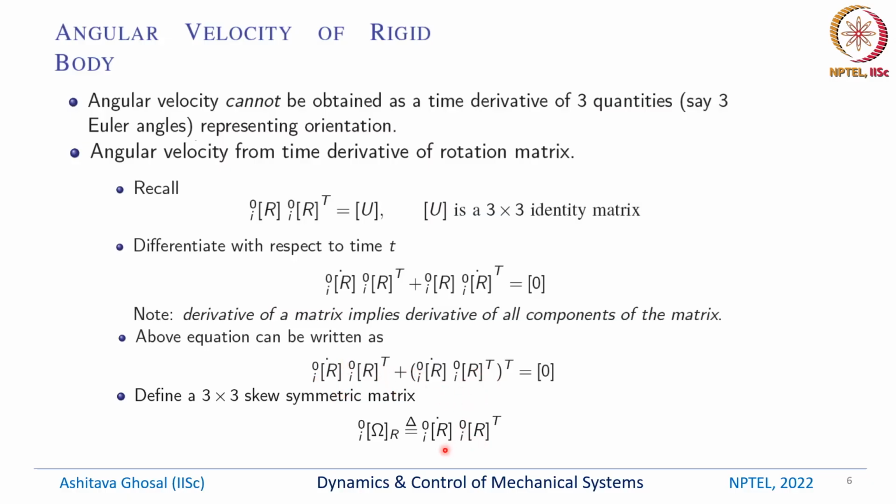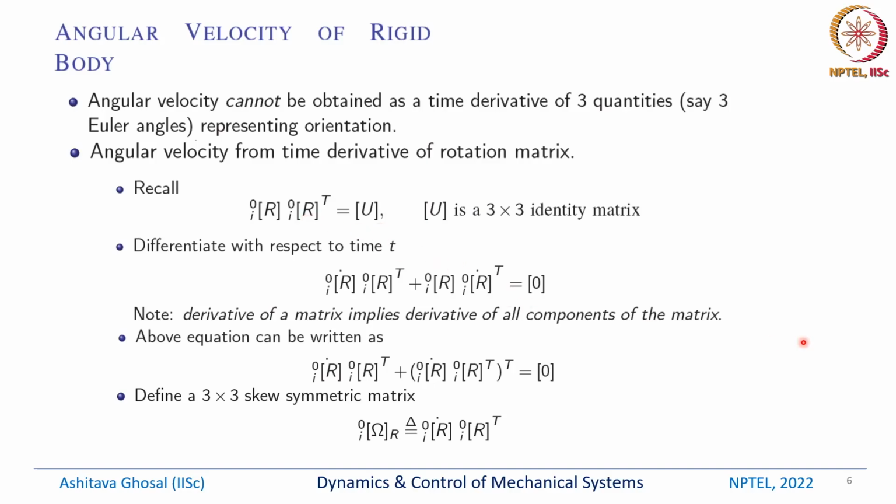We are going to denote this R dot R transpose using the matrix omega. We will continue to keep 0 and I because this is the skew-symmetric matrix I with respect to 0, and this R shows that we are starting from the relationship R into R transpose is identity.